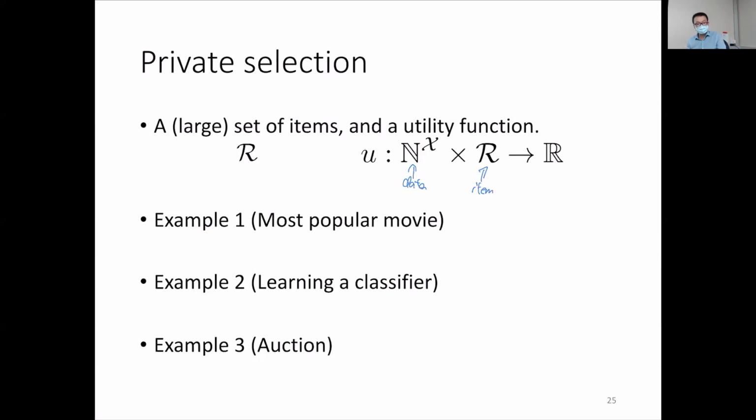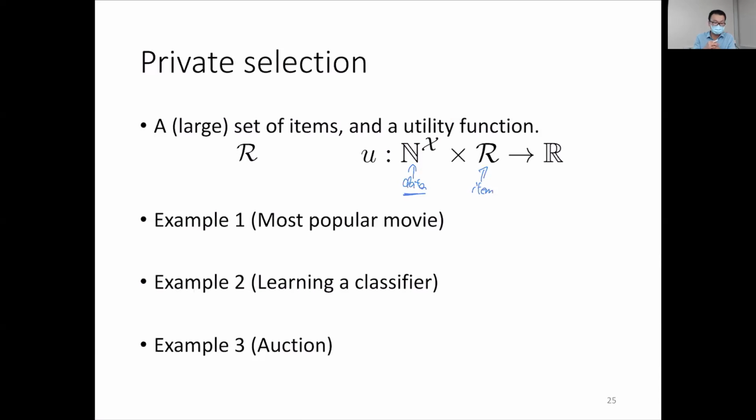Okay, why are there privacy concerns? Because if we just want to find the item that maximizes utility, then it reveals information about this data set. The relative order of these items is a function of the data set itself.